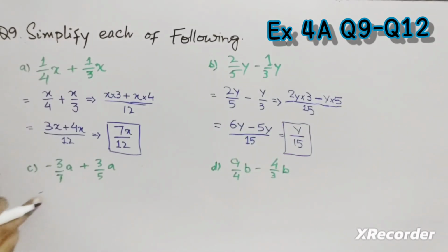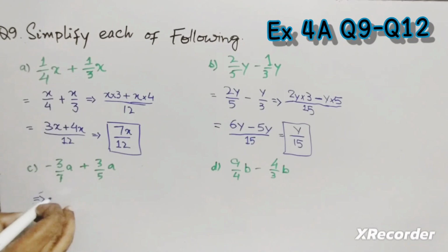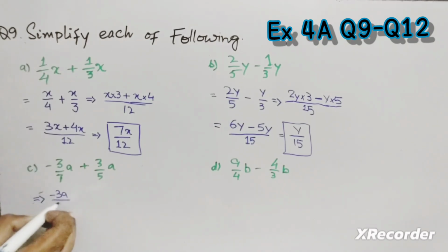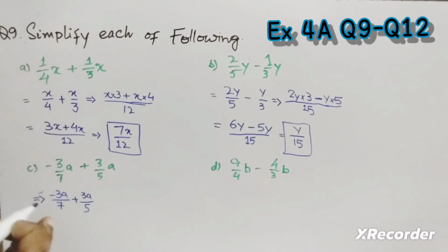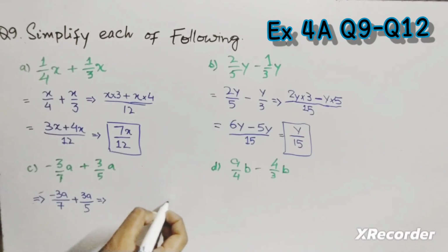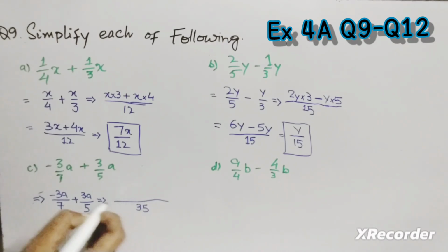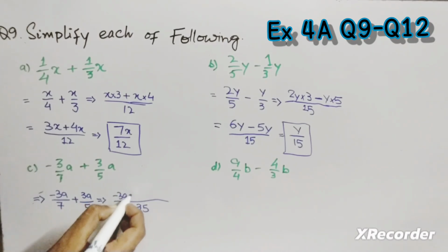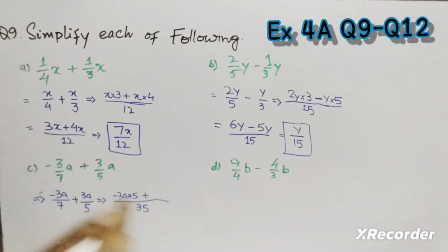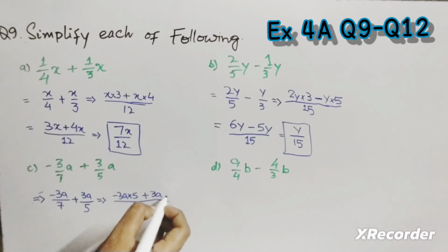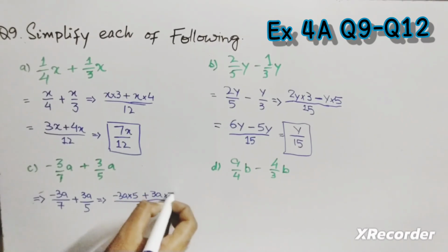Now moving towards the third part, minus 3 upon 7a. So we can write it as minus 3a upon 7 plus 3a upon 5. By taking the LCM of 7 and 5, we get 35. First denominator multiply with 5, addition 3a, second denominator multiply with 7.